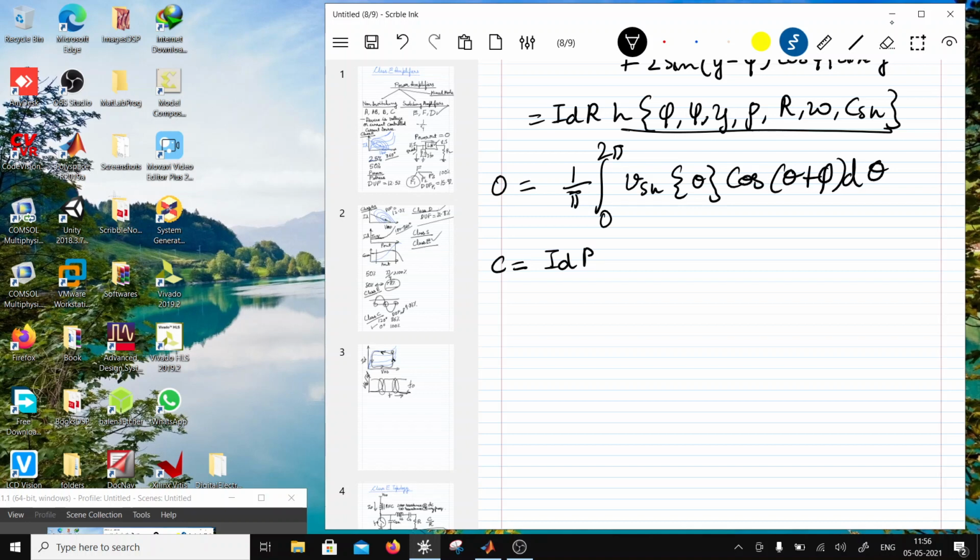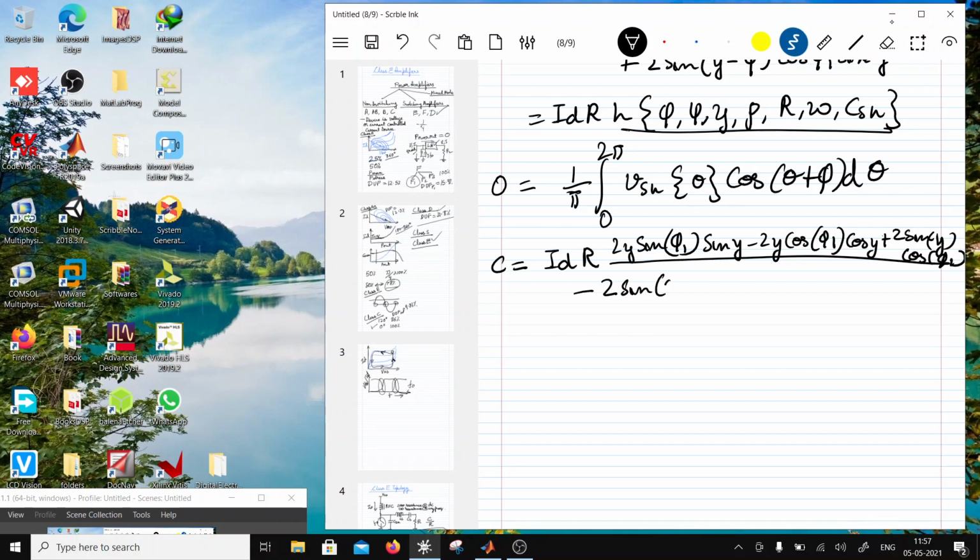I_D times R times something which I'm going to write in a simplified form: twice y sine of phi 1 times sine of y, minus twice y cos of phi 1 cos of y plus twice the sine of y cos of phi 1, divided by minus twice sine of phi minus y, sine of y sine of phi 1.